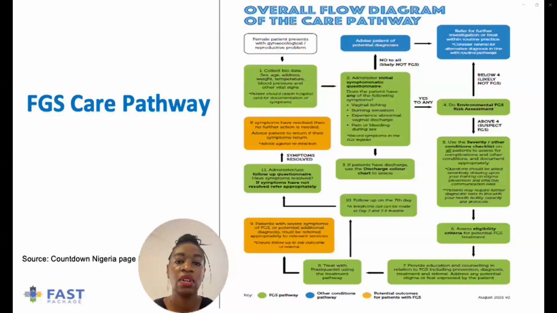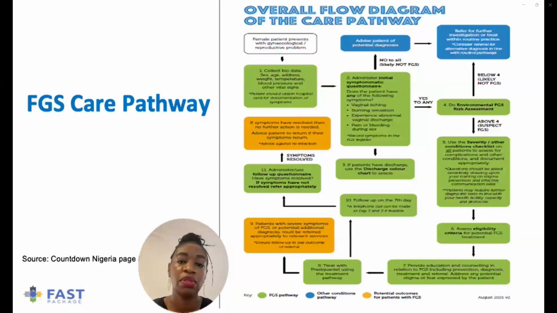Then the next thing is you have to suspect FGS. You can do the severity score and, if you're able to do or refer for a speculum exam, the better, if you're in a clinical setting. If you're not, then this is still a potential subject who might need a presumptive, we can call that a probable diagnosis of FGS.